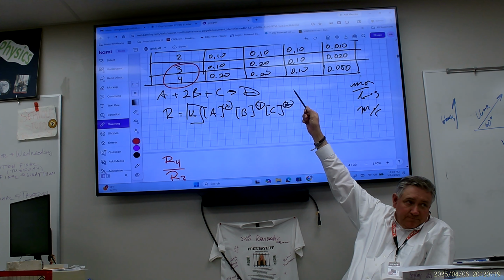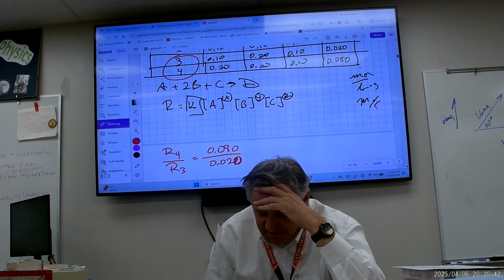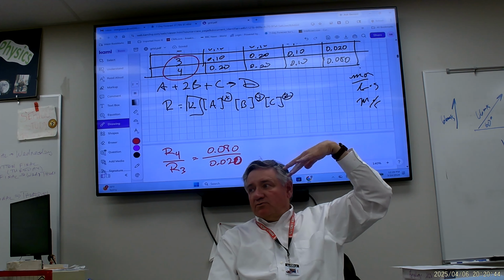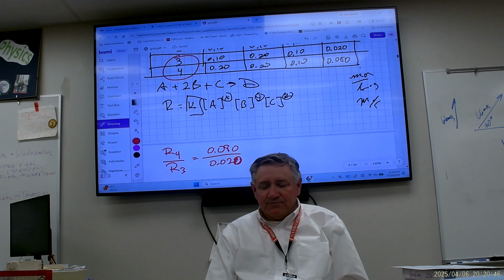So that's why I'm going to choose 4 over 3. I'm going to have two advantages putting 4 over 3. Number one, the rate is going to be 0.080 divided by 0.020. Okay? That's going to allow me to not have a fraction there.